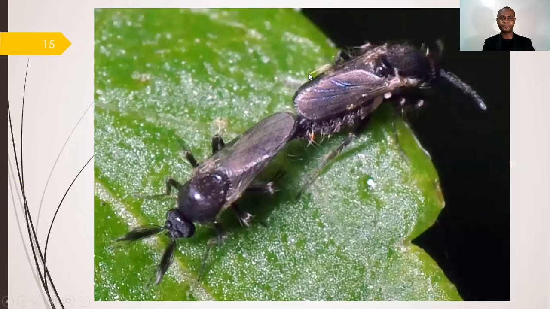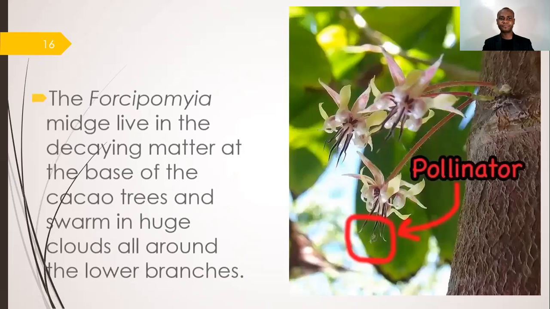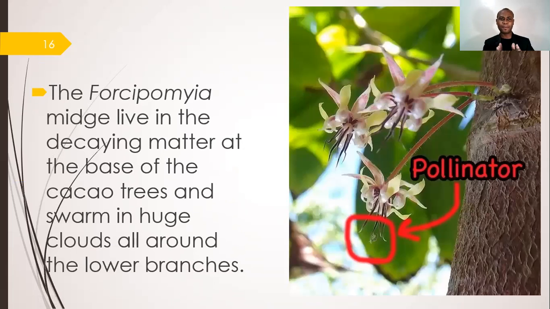Okay, let's move on. So this is how the midge looks like. They're just small, very small insects. Okay. So usually the midges live in the decaying matter at the base of the cacao tree, and then they swarm in huge clouds all around the flower branches.